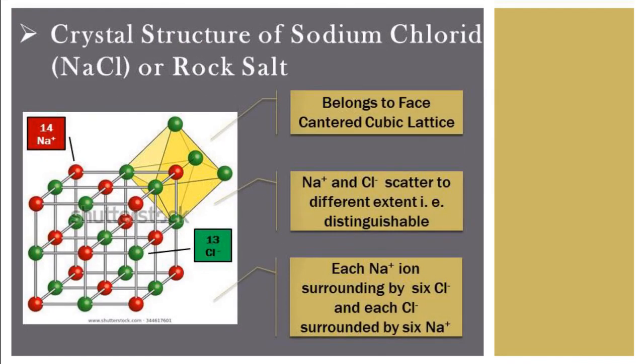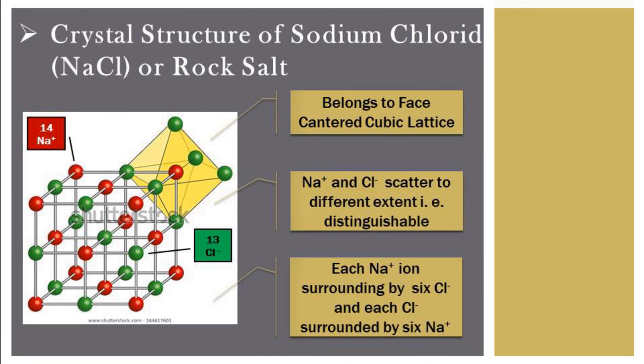The crystal structure of sodium chloride, NaCl or rock salt. The crystal structure of sodium chloride contains 14 sodium ions and 13 chlorine ions. The NaCl crystal belongs to the face-centered cubic lattice.